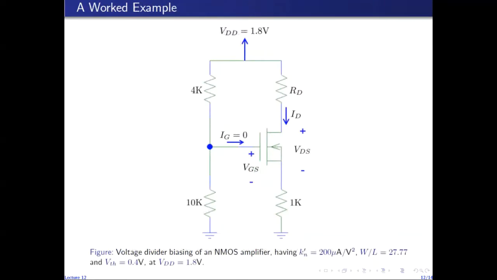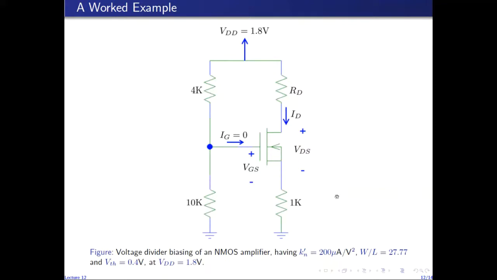In order to put all of this in perspective, here I am going to work out this voltage divider NMOS amplifier. I am going to assume that the supply voltage is equal to 1.8 volts, and the threshold voltage for the device is 0.4 volts.